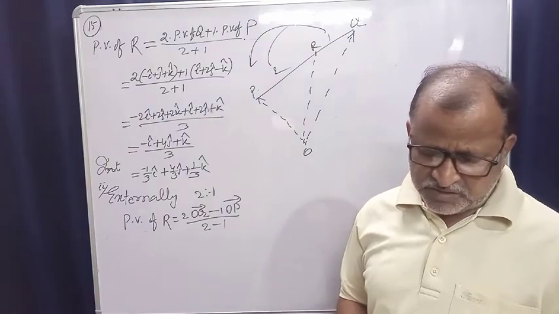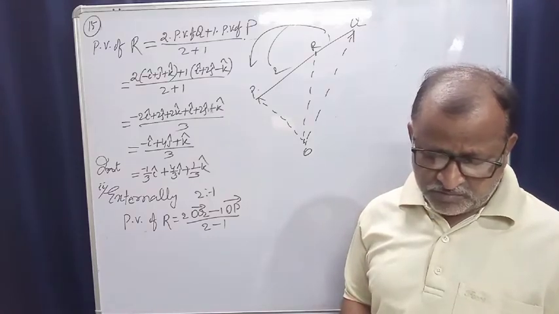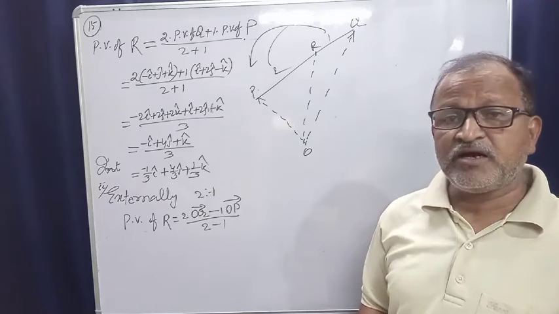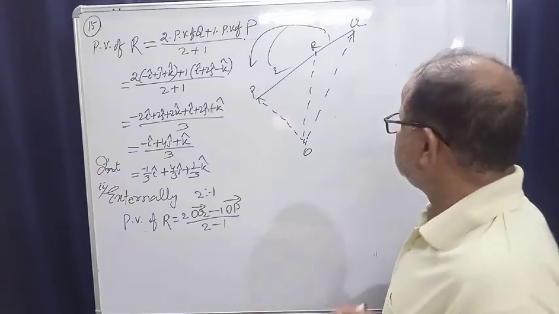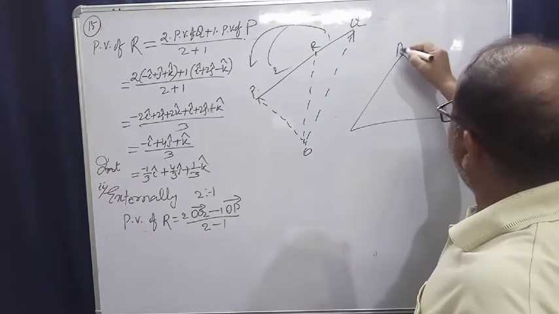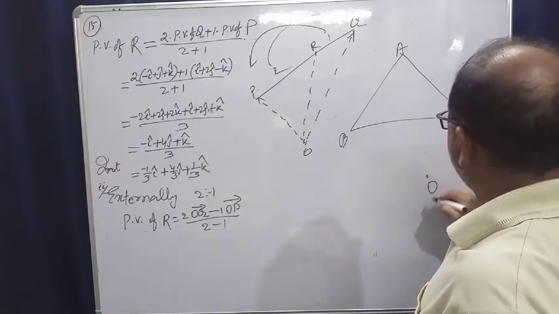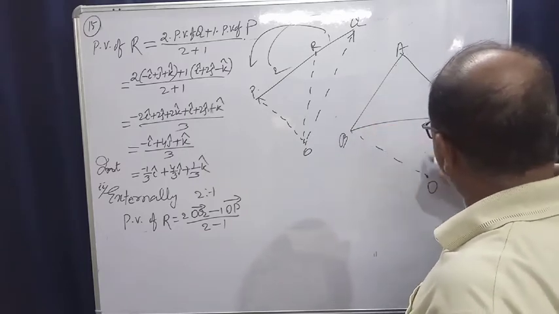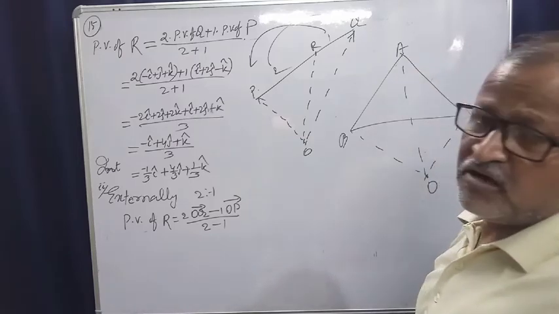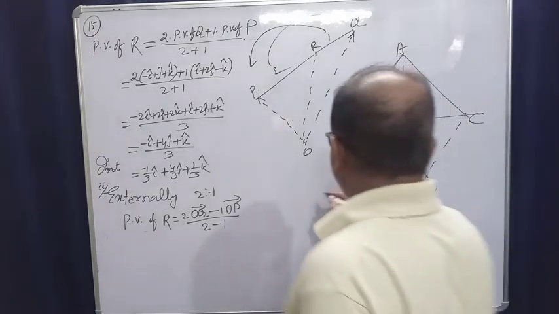Show that the points A, B, C with the given position vectors form the vertices of a right angled triangle. Suppose this is the triangle, A, B, C are the points, and this is your origin. The position vectors are given. Right? So you first find out the AB vector.